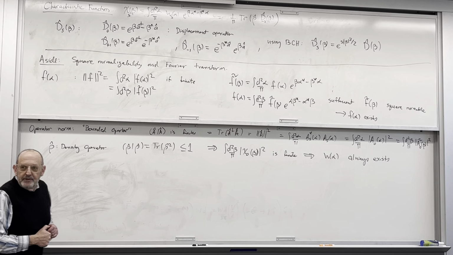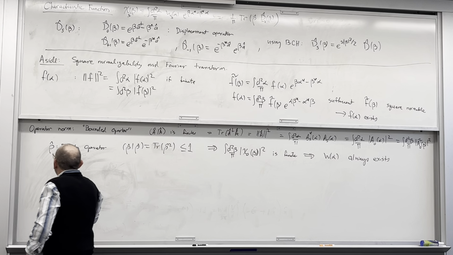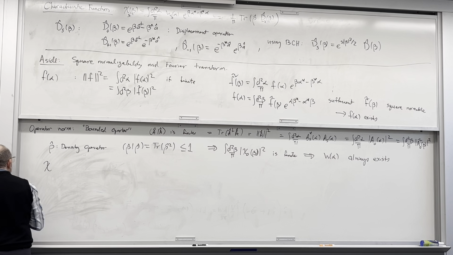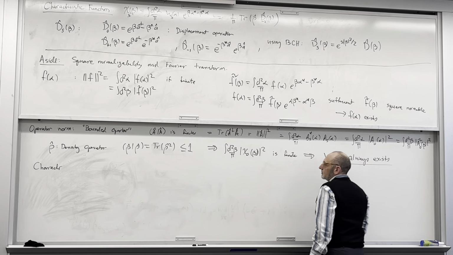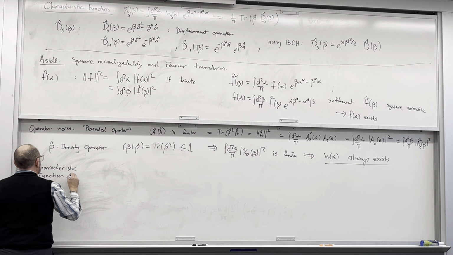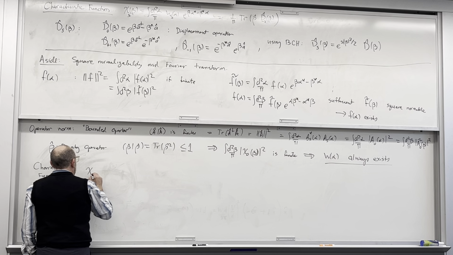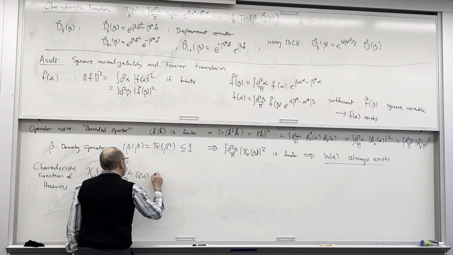What about the Husimi representation? Well, there's a couple of things we could say about the Husimi representation. If I look at the characteristic function of the Husimi representation, right, that's the Fourier transform of the Q function.